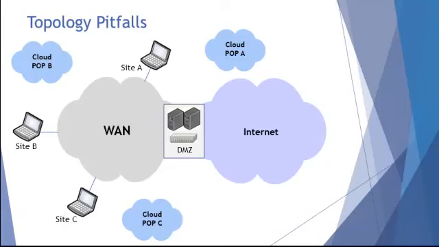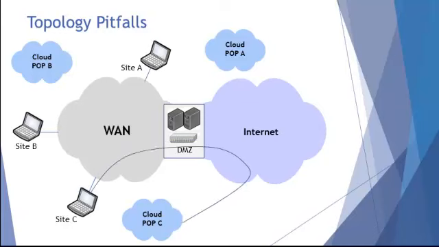But the problem with a traditional network topology, such as the WAN connected to the internet through one or two DMZs, is that you end up routing traffic through the DMZ. So while site A may be down the street from POP A, you still have to traverse all the way to your DMZ, which may be on the other side of the country or the other side of the world, and then back out to the internet and maybe to a different POP that's closer to the DMZ and not necessarily to site A.